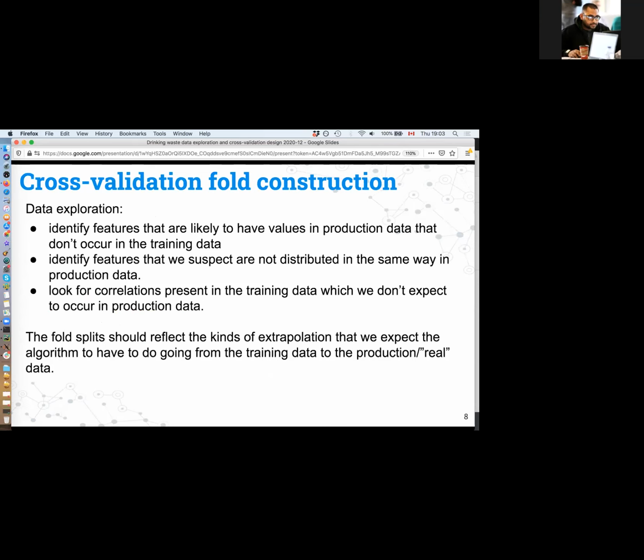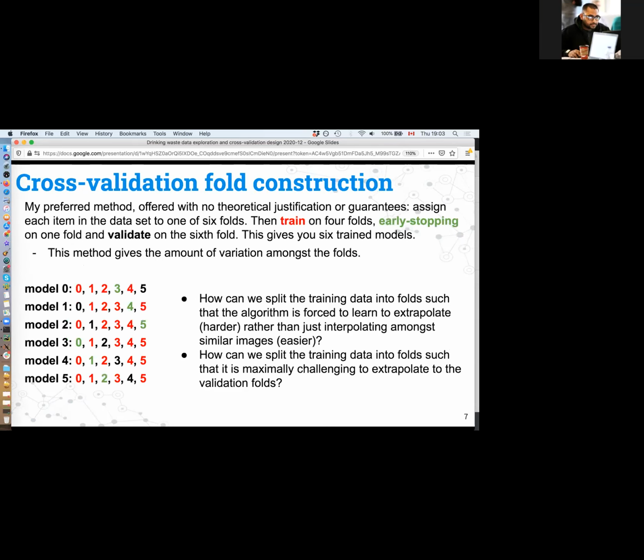Quick question about the folds. Does it make sense to randomize the contents of the fold at each iteration or epoch? So as you're training, you will go through what's called an epoch, and in that epoch, you'll have looked at all of the training data that you have available.